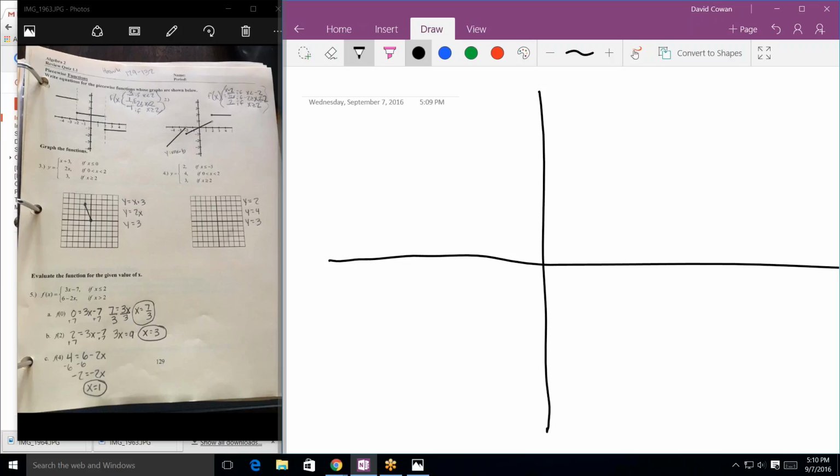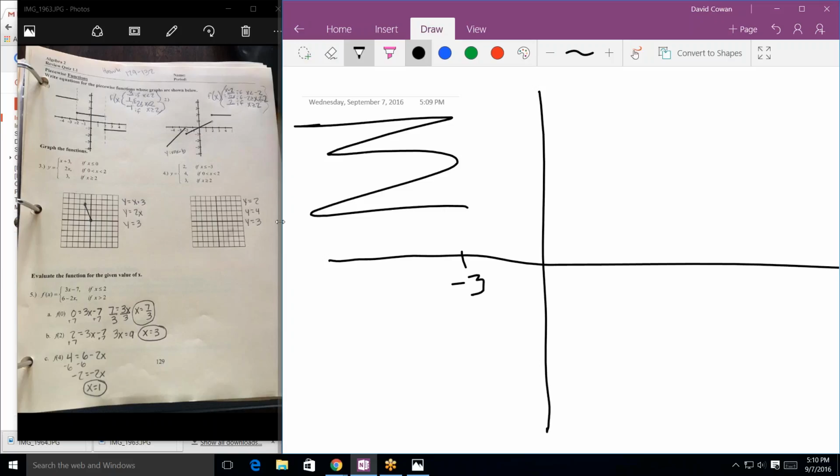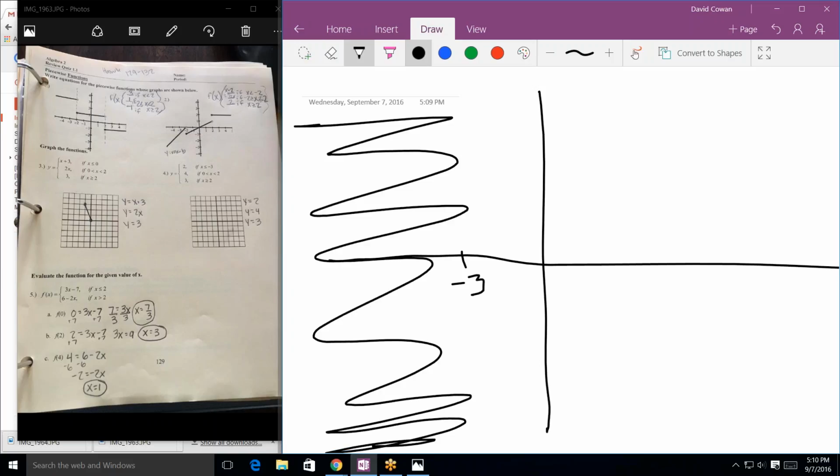Before we plot these 3 functions, which are all horizontal lines, we have to know where to plot them. The first place to plot them is to the left of minus 3, where it says x is less than or equal to minus 3. So the first thing is what goes in that region there.